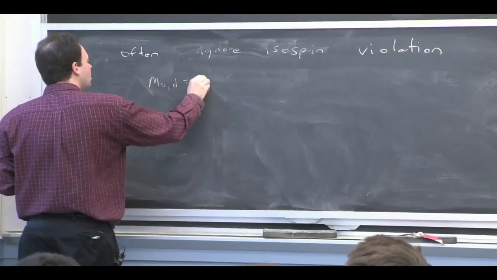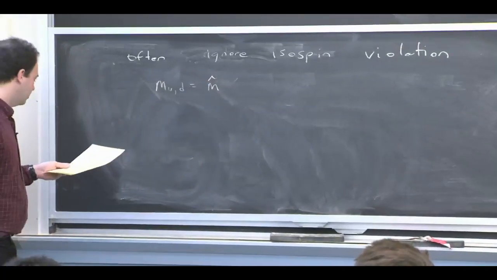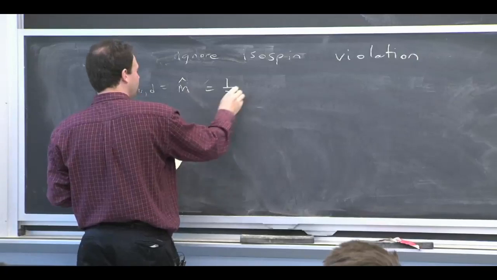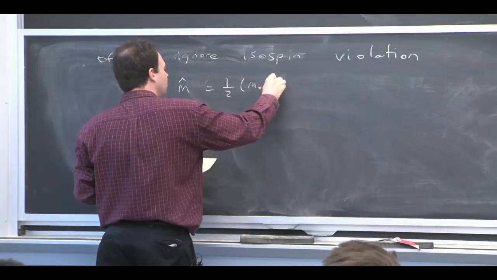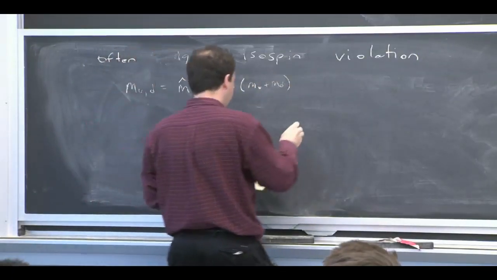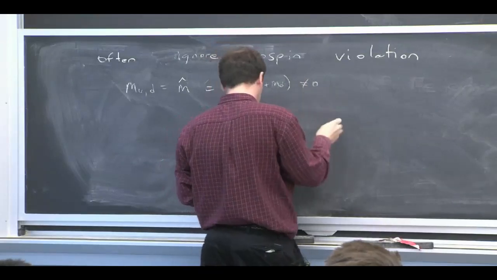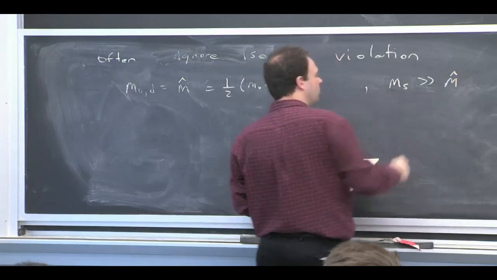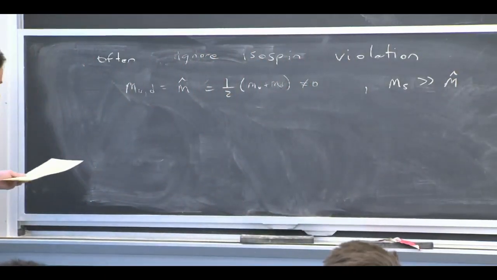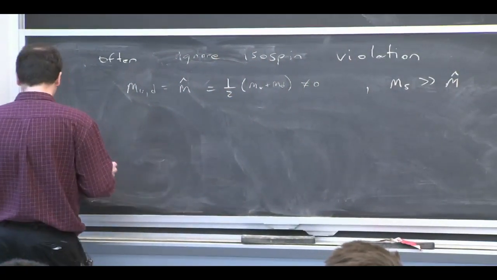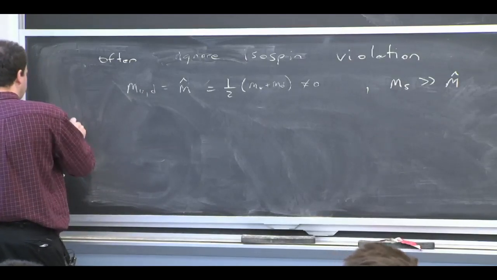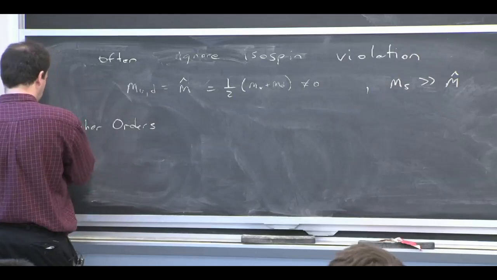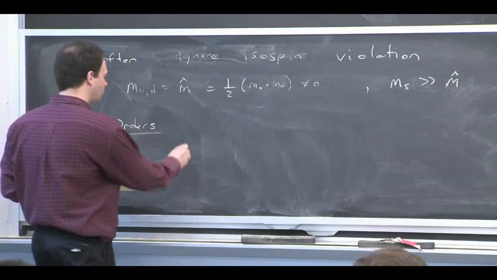So if we take mu and md to be some m hat, which, if you want an exact definition, you could say is the average, and you drop the difference, then you can think of the strange quark mass as being somewhat bigger than m hat. That's an approximation that you can use on your problem set, for example.